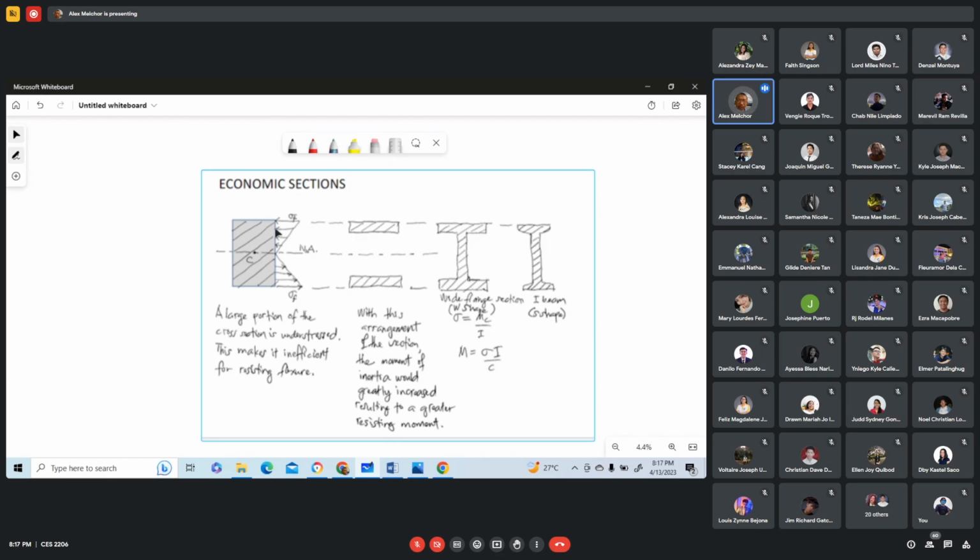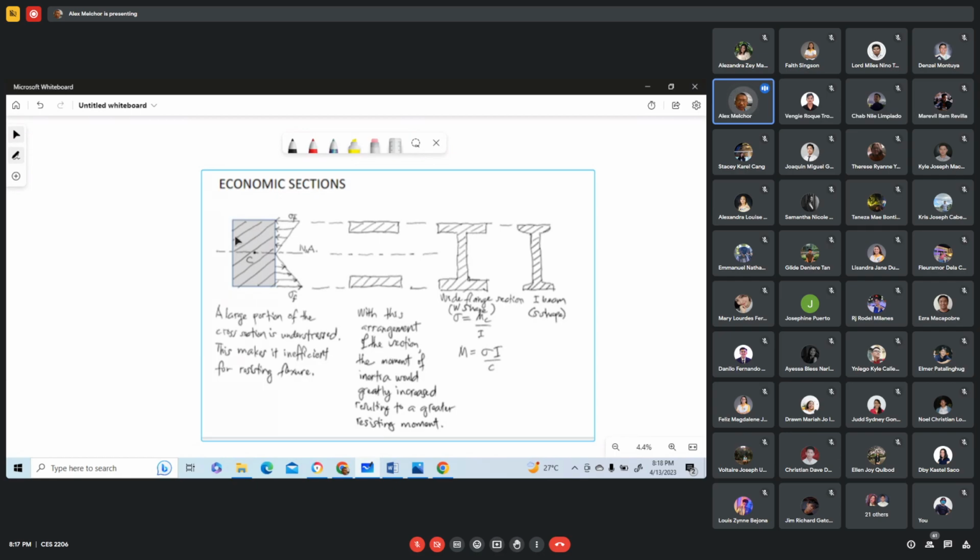So to make this section efficient, we design this such that we have a bigger area here. So this part here will be placed in the upper part.